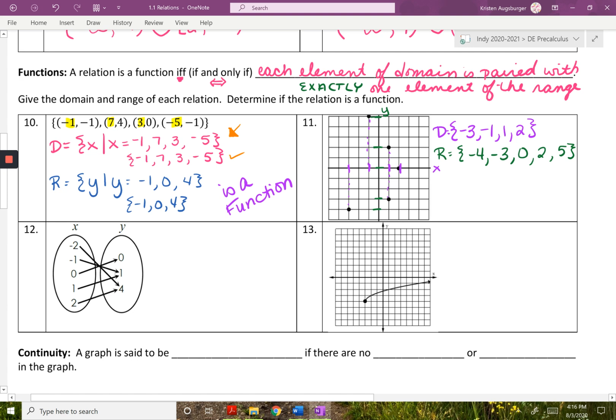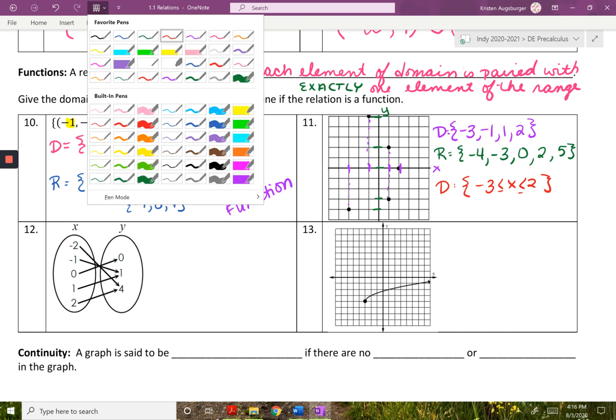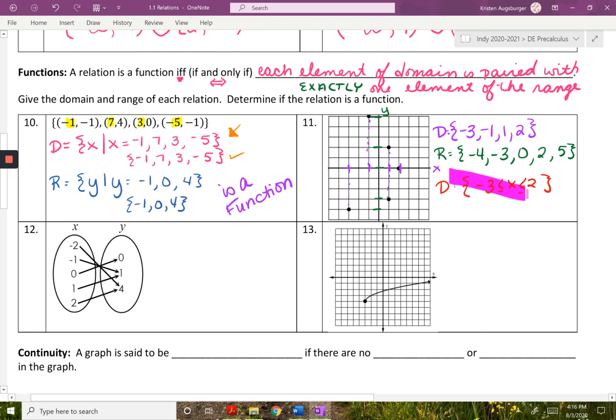One thing you cannot do is go from -3 to 5 and write it like that, with an interval.